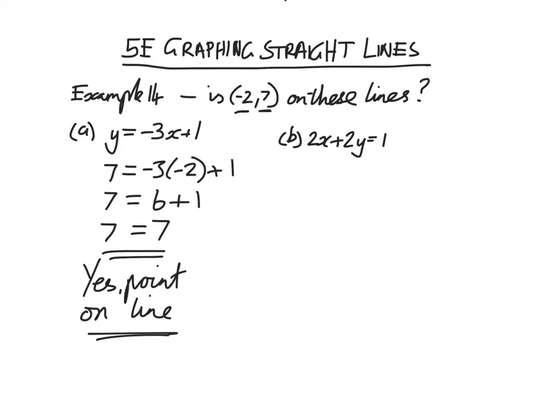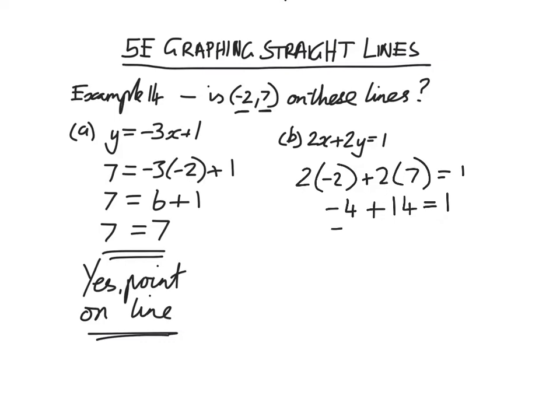We know that our x value, so we go 2 times minus 2, because that's our x value, plus 2 times our y value, which is 7, equals 1. So is this true? 2 times minus 2 is minus 4. Is minus 4 plus 2 times 7 is 14. Does it equal 1? Well, you're going to pick in a minute that it's not the case.